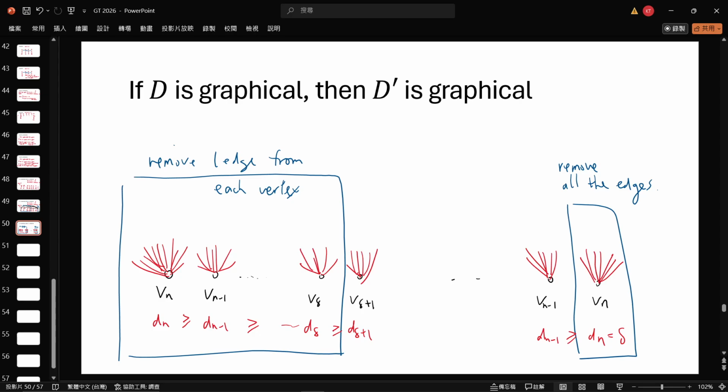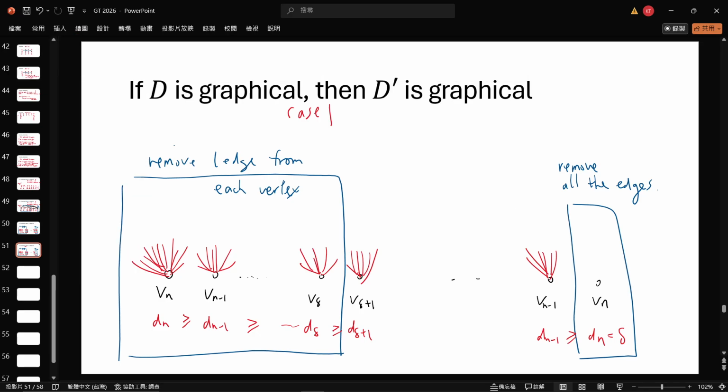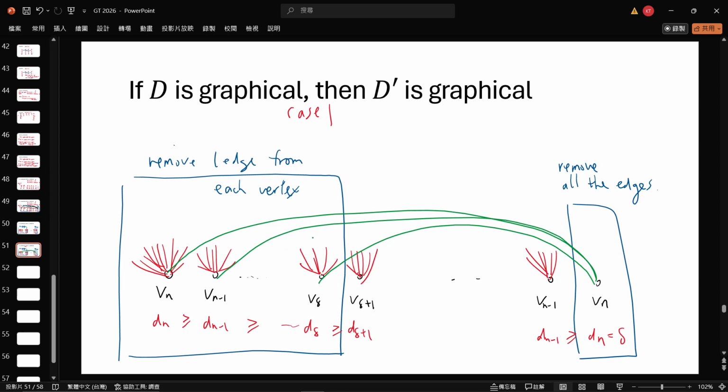In other words, this is case 1. For this case, the neighbors of Vn are precisely the vertices in this box. Okay? No more, no less.